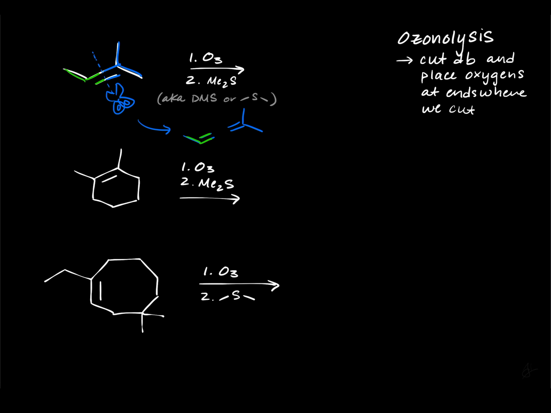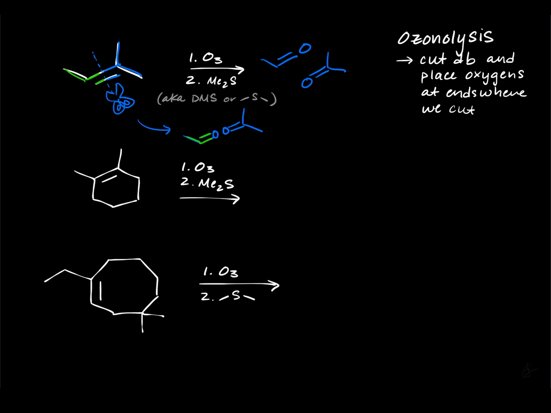I'm simply cutting that double bond. Where I cut that double bond, I will place oxygens in between. And these are the products. That's it. That's all. Don't overthink this reaction at all. This is all we'll do for this reaction. This is ozonolysis.